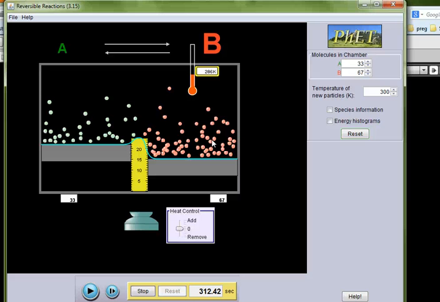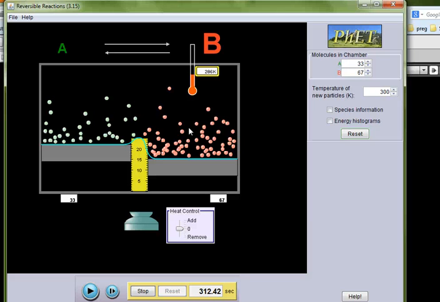Okay, so now the important point here is that it's not like some of A is converted into B. It's like some of A is converted into B, some of B is also converting into A, but at equilibrium that change is constant.